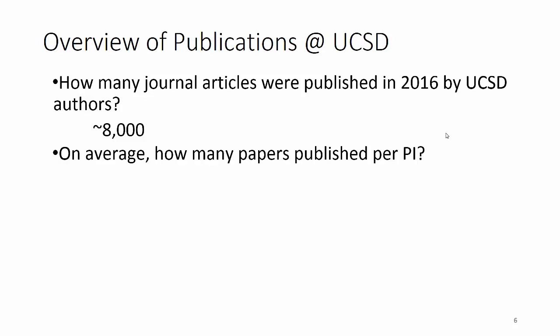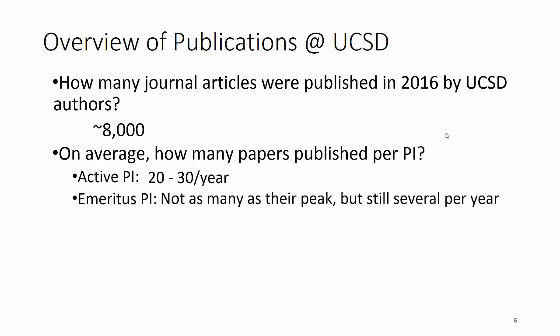On average, if you're working for a very active PI or a very active lab, they're doing about 20 to 30 papers per year. An emeritus PI, obviously a lot less, but they still try to do several per year. And then your newer investigators, these are the ones you're trying to train up, right?